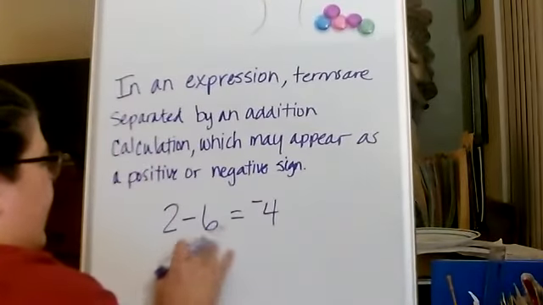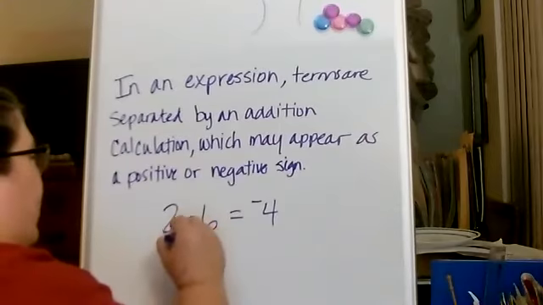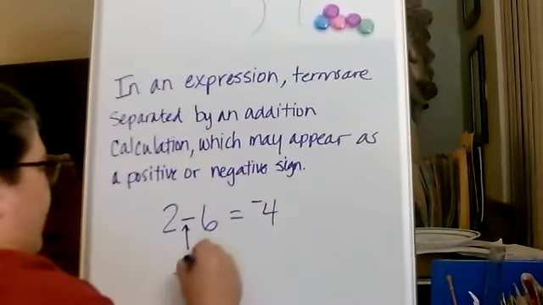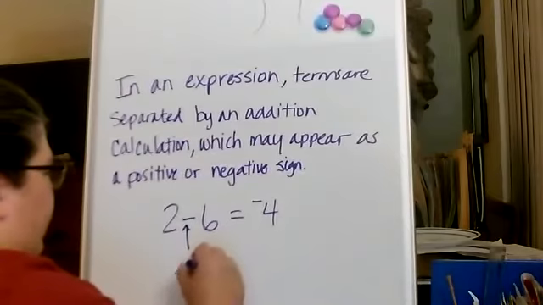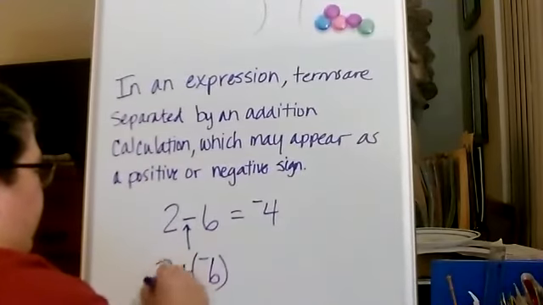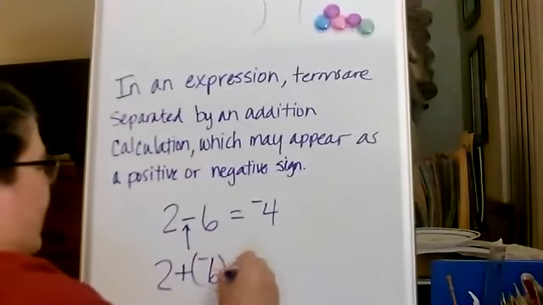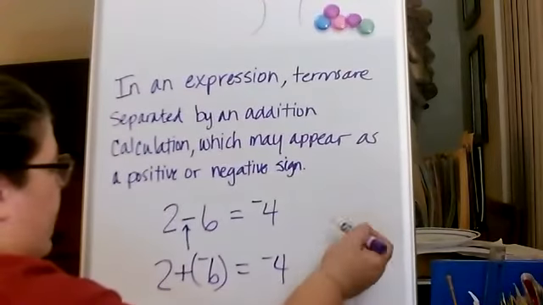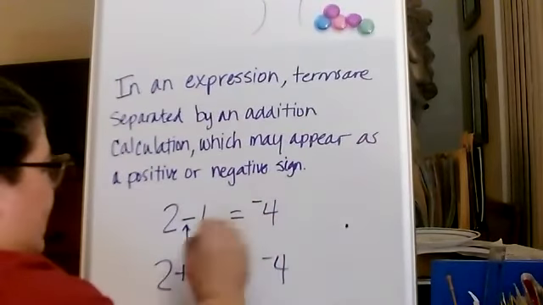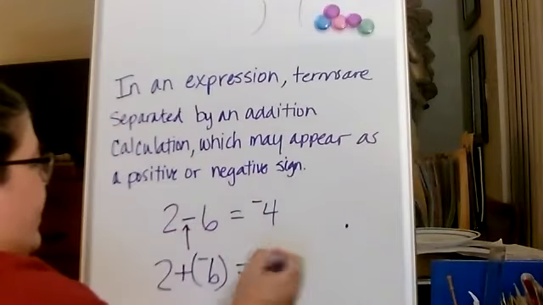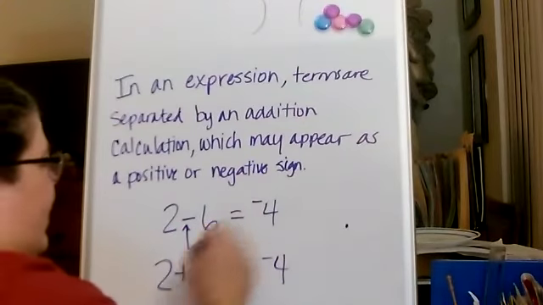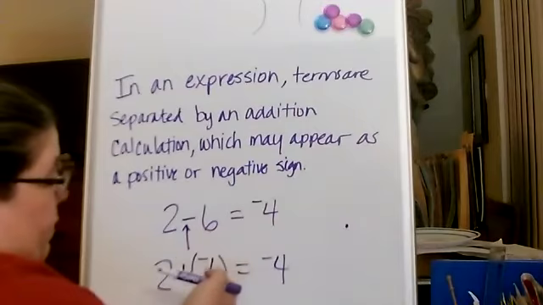But I want you to get into the habit of saying from now on, we don't subtract, we add negative numbers. So 2 plus negative 6 equals negative 4. It's the same thing. You're still doing the exact same operation, but you're adding a negative number so that the negative number tells you which direction to go, for one thing.